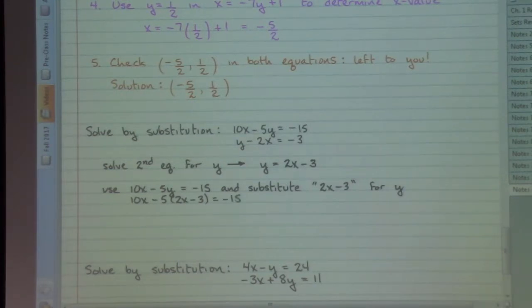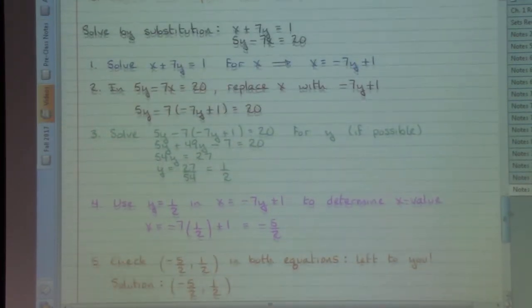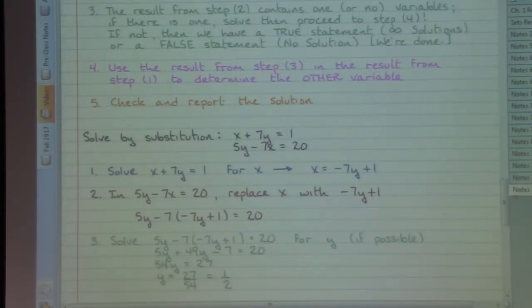equals negative 15. When we simplify this by distributing and combining like terms, notice that our variable stuff has disappeared, which means that if we very briefly go back up to those comments from before in green, if we have done this work and we do not have any variables, then we have a true statement or a false statement.